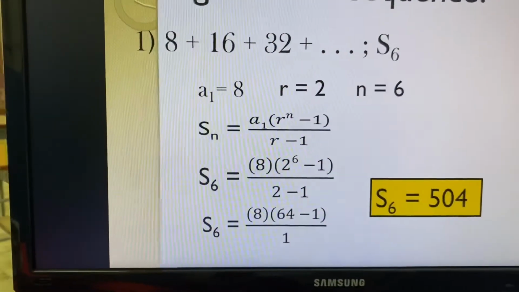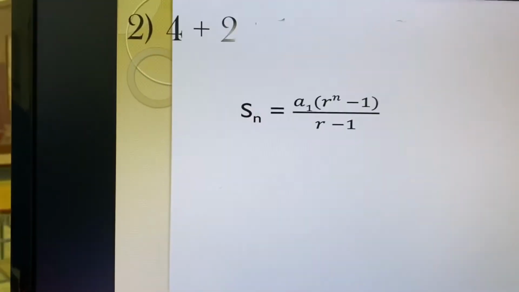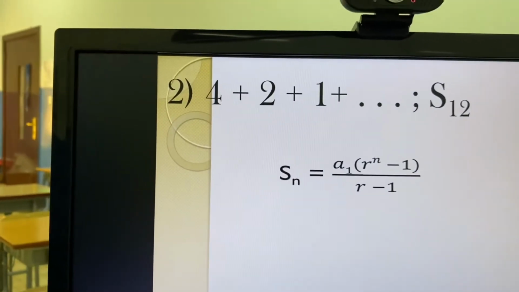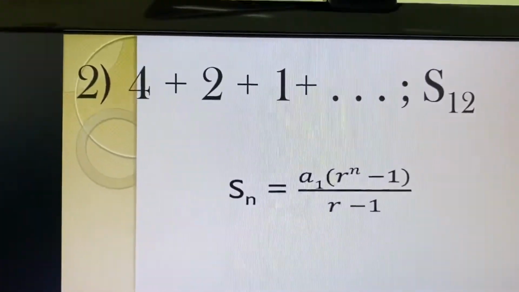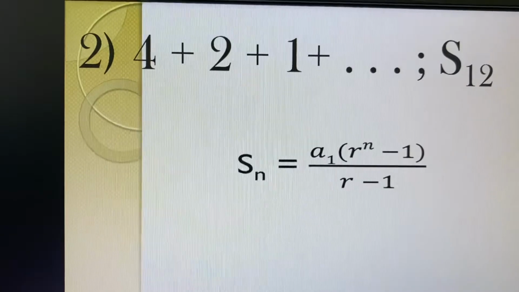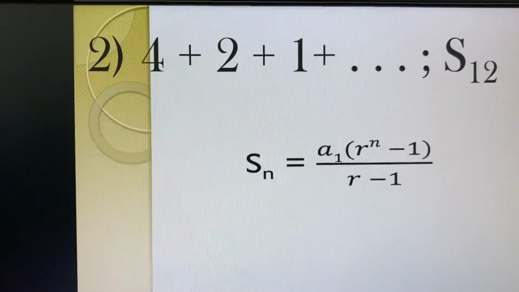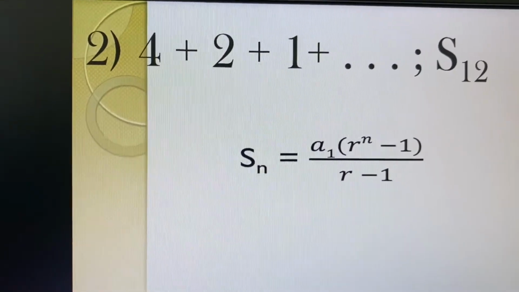Let's proceed to another example. We have 4 plus 2 plus 1 plus ellipsis. So we're looking for the sum of the 12 terms, S sub 12.